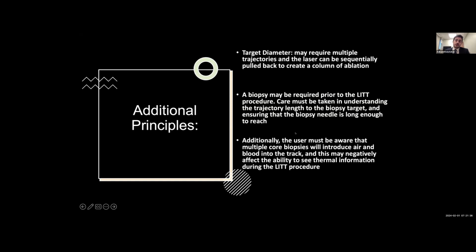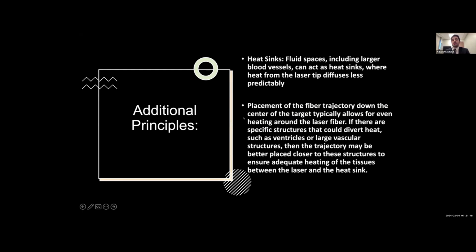Additionally, we want to make sure that people understand as well that when you have multiple core biopsies, that would introduce air and blood, and that is going to affect the ability of the thermal information that we get through the MRI. Other things that we also want to keep in mind are heat sinks. Heat sinks are basically fluid spaces, large CSF spaces, and larger blood vessels that change the laser tip diffusion less predictably.